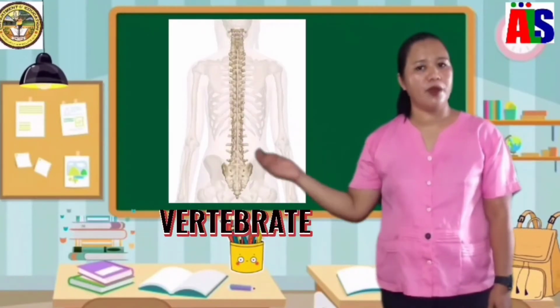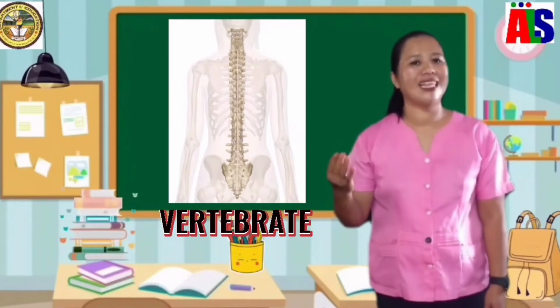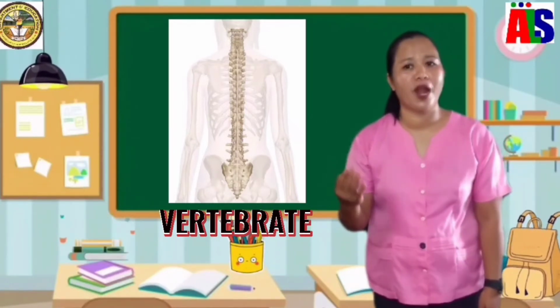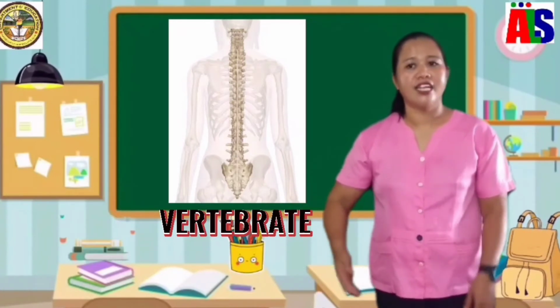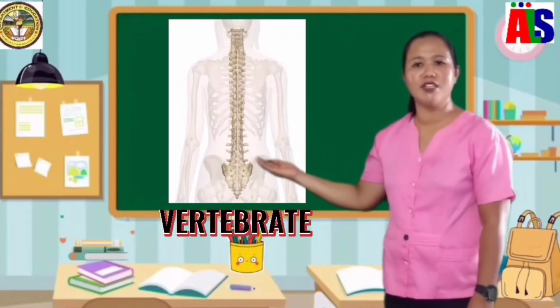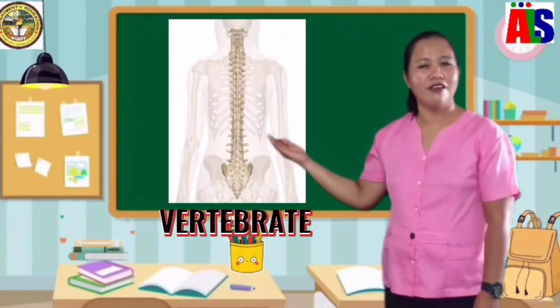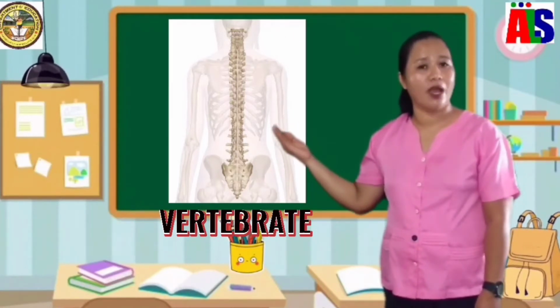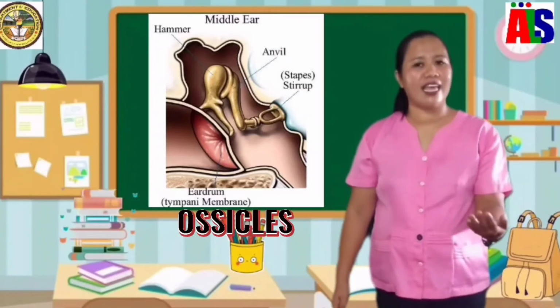Then the vertebrae. The vertebrae are small but thick bones that comprise the spine or backbone. The structure of the vertebrae allows a greater range of motion to the trunk of the body. The vertebrae protect the spinal cord. The last one is the ossicles.